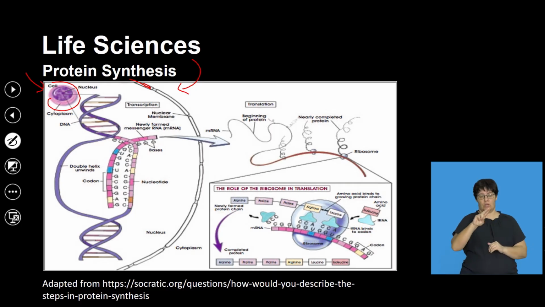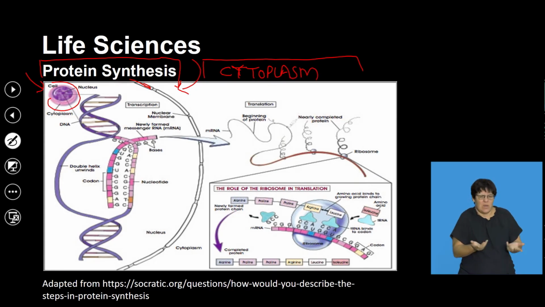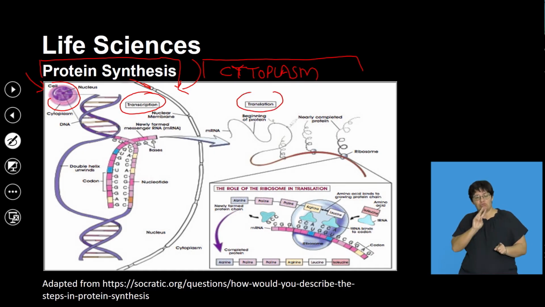So we're in the nucleus in here, and on this side we're outside the nucleus in an area called the cytoplasm. The first process, as I mentioned, is called transcription, and that occurs in the nucleus. That's followed by a process called translation, which occurs in the cytoplasm.